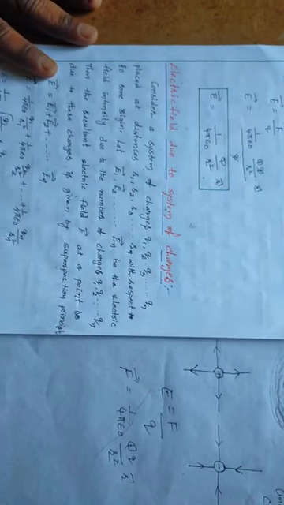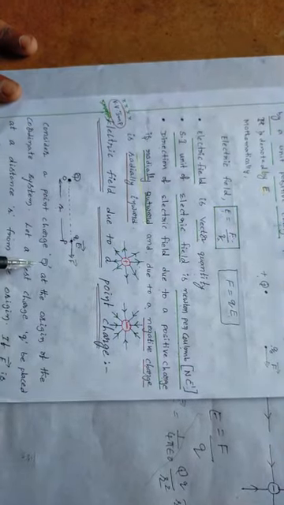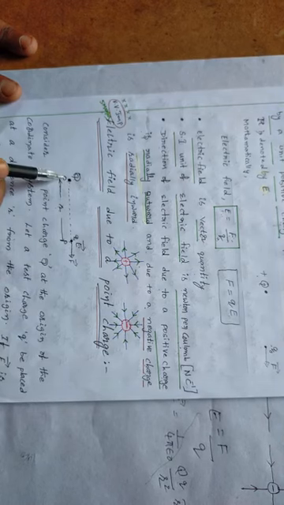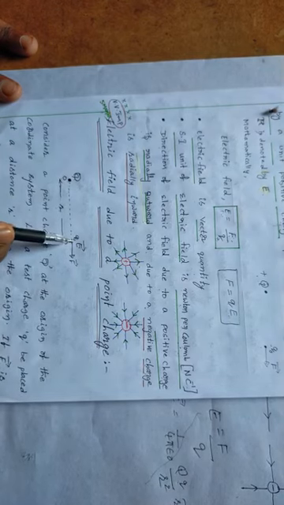Now listen to me, students. Actually we have to derive the electric field due to a point charge. To derive this, I am considering a point charge capital Q at the origin O of the coordinate system. Let a test charge small q be placed at a distance r from the origin.